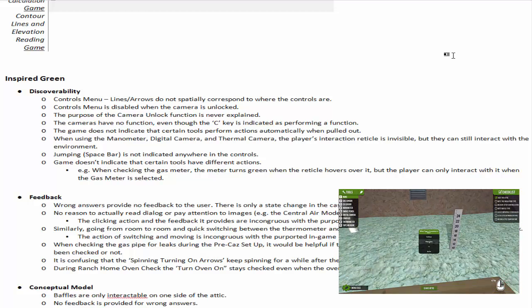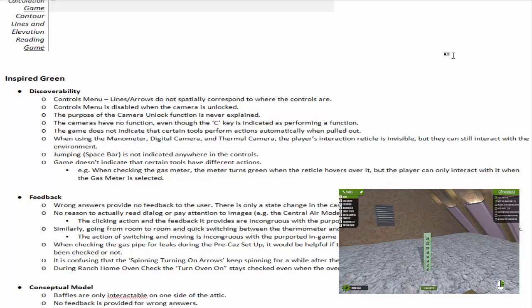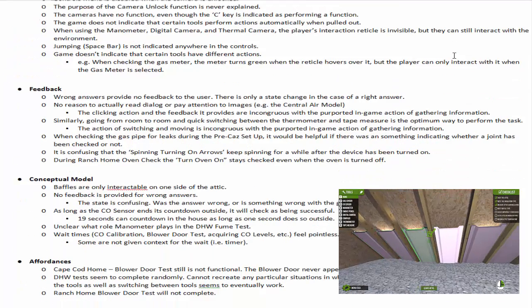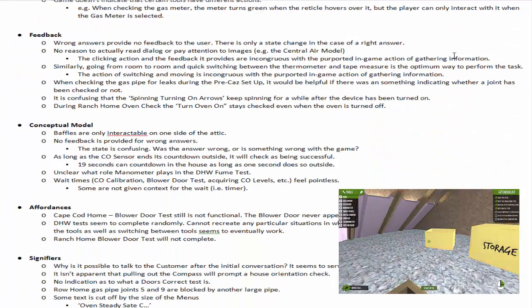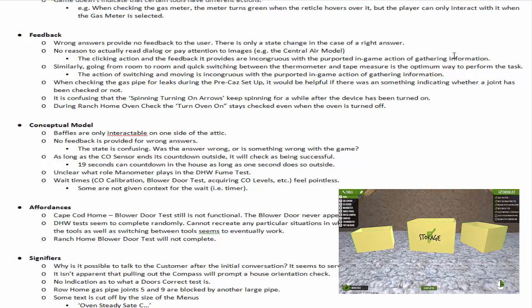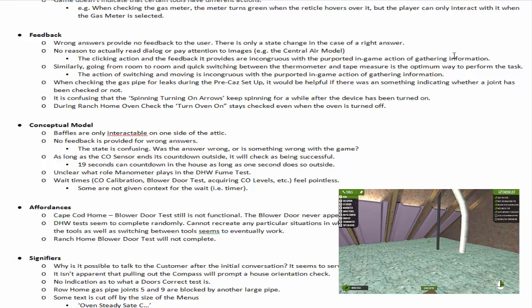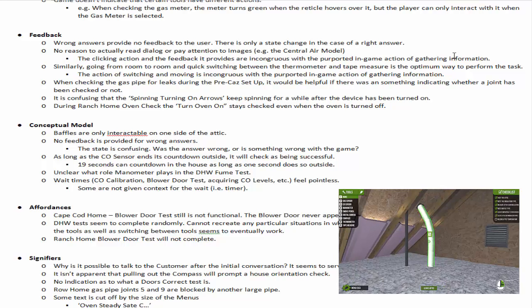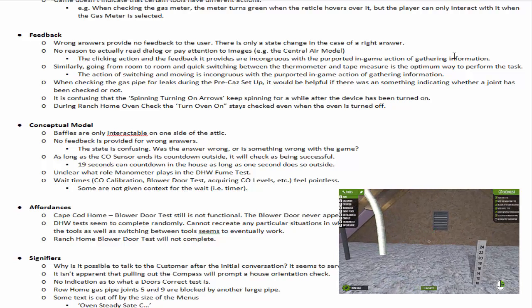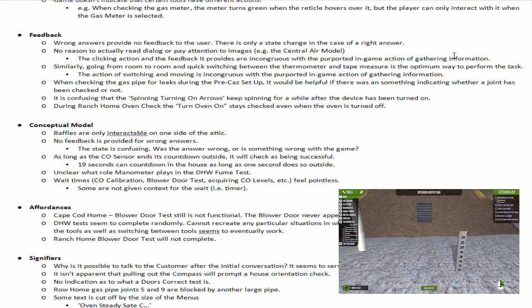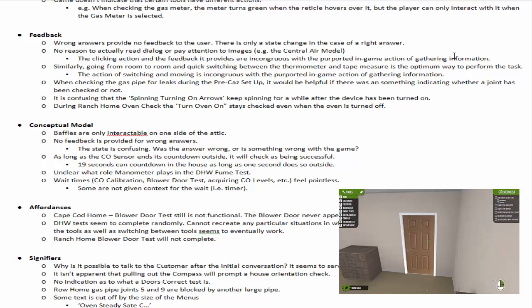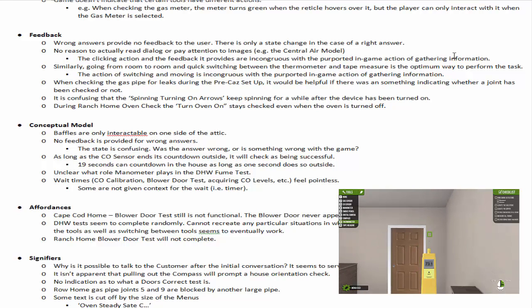Some of the critiques were a little more on the theoretical side, such as the fact that the baffles were only interactable on one side of the attic, or the fact that for some of the tools like the CO meter and the manometer for the blower door test, you have to wait for them, but there is no context given for the wait time, and so as a student, the player doesn't understand what the real world analog is for their waiting at those tasks.